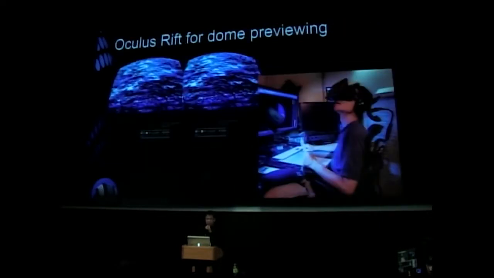And also these days, I think the best way of previewing dome content is using VR head-mounted display devices such as the Oculus Rift. So more and more of my friends who are producers are using this device for previewing dome content.